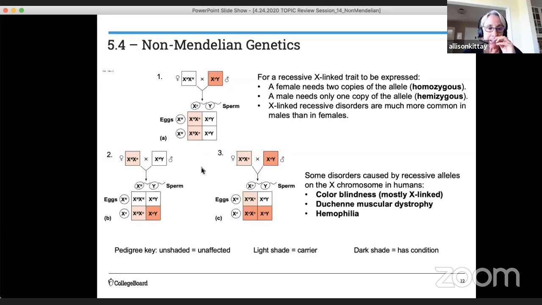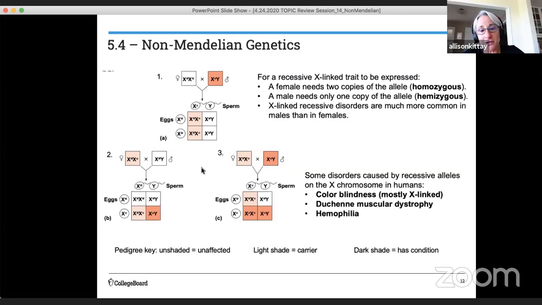In the second Punnett square, we see that the female is a carrier and the male has a normal allele. And in this case, there is a 50-50 chance of the boys getting the X chromosome that has the recessive allele as well as the dominant allele.